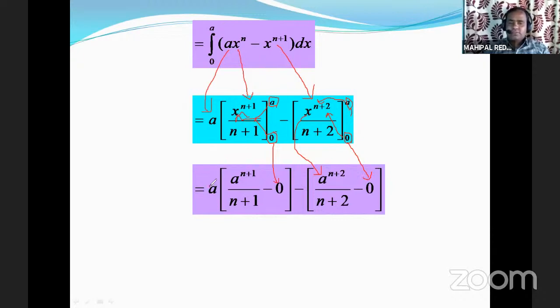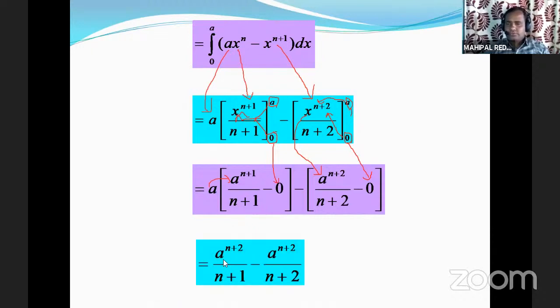Okay. So multiply a also now within the bracket term, a into a power n plus 1. It becomes now a power n plus 2, because a into a power n plus 1 is a power n plus 2, by n plus 1, minus a power n plus 2 by n plus 2.